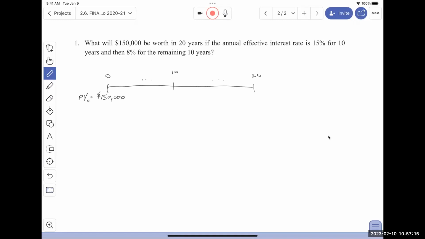It's going to be invested or loaned for 20 years, but for the first 10 years the interest rate is 15%, and then it's 8%.